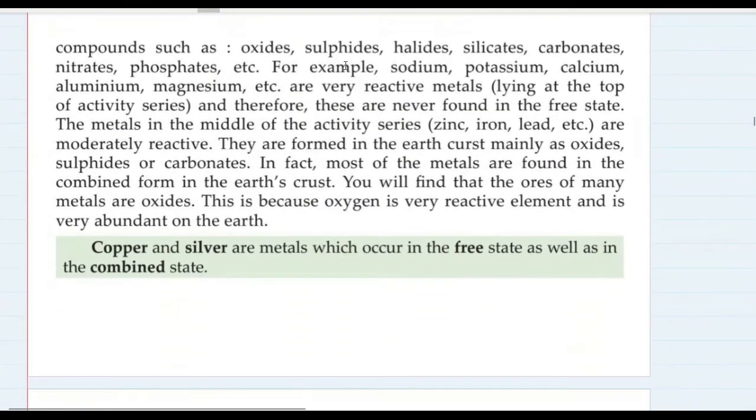Okay, what are the compounds? The compounds are oxides, sulfides, halides, silicates, carbonates, nitrates, phosphates, etc. For example, sodium, potassium, calcium, aluminium, magnesium.